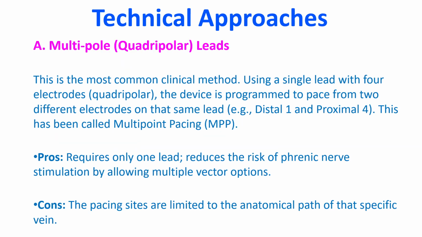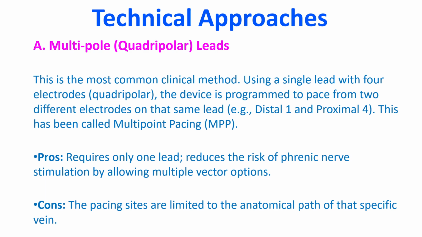There are two primary ways to achieve multi-site left ventricular pacing. One is multipole, that is quadripolar leads. This is the most common clinical method. Using a single lead with 4 electrodes, that is quadripolar, the device is programmed to pace from two different electrodes on that same lead. Example, distal 1 and proximal 4.